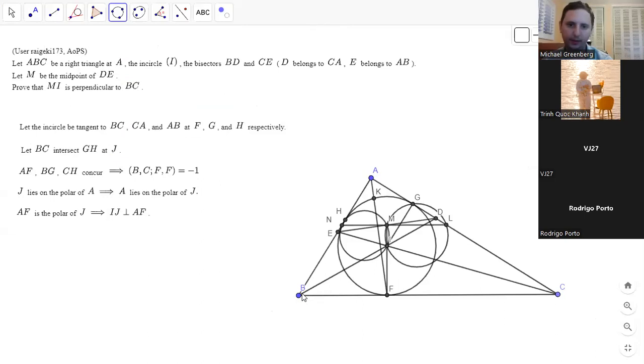So BEI is similar to BAI. So we know BEI is tangent to AI. Oh, sorry, I don't think I did that right.